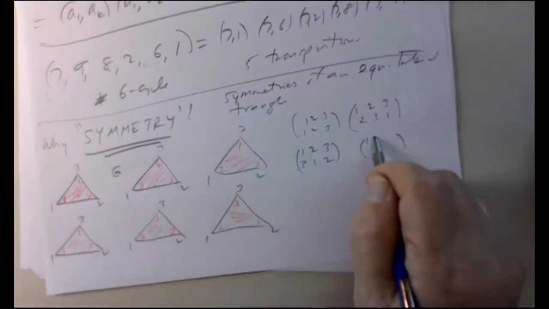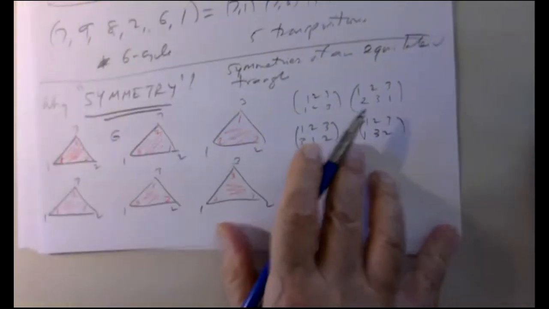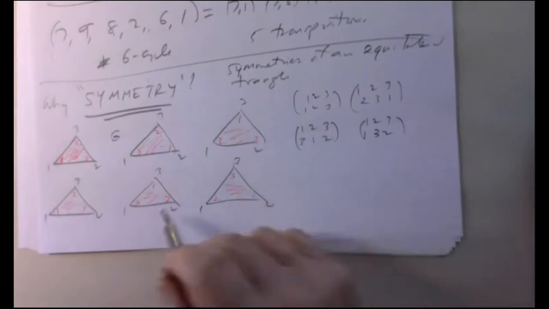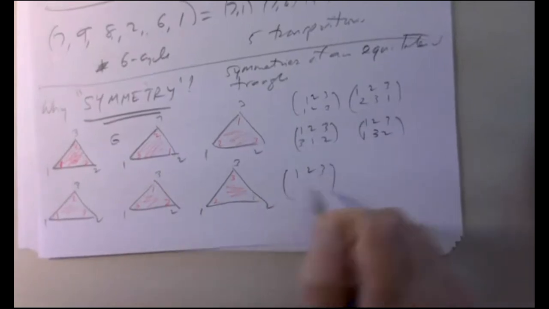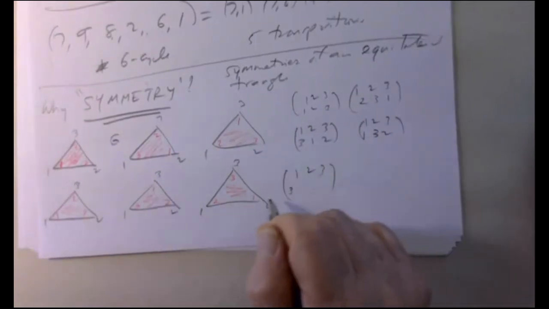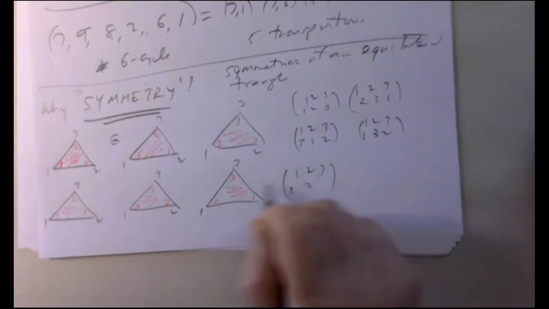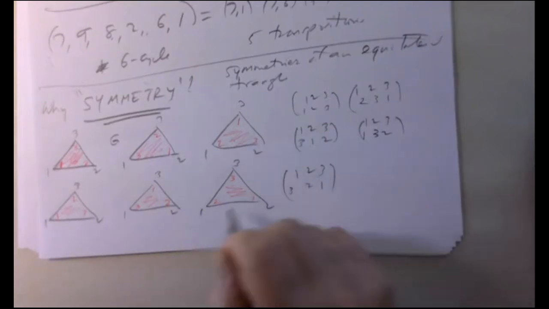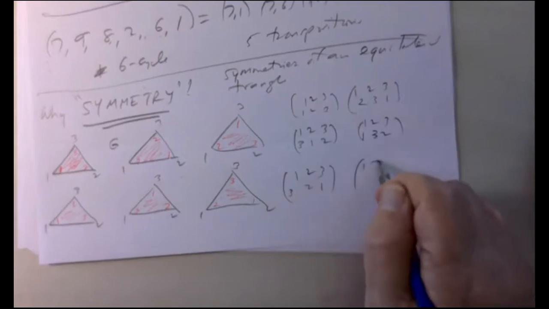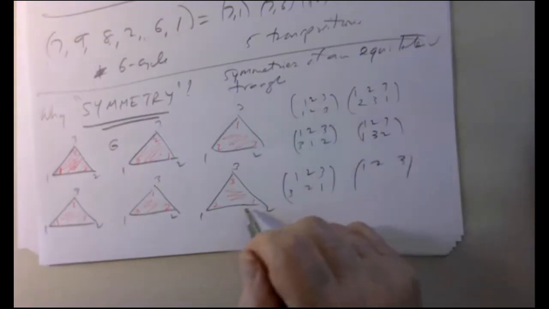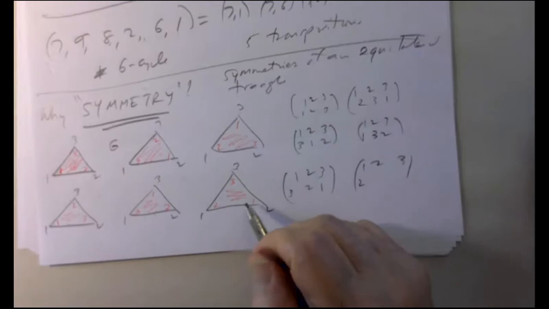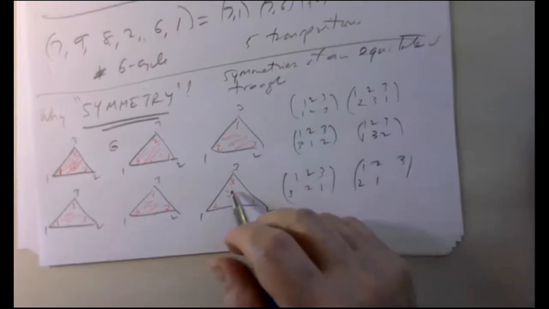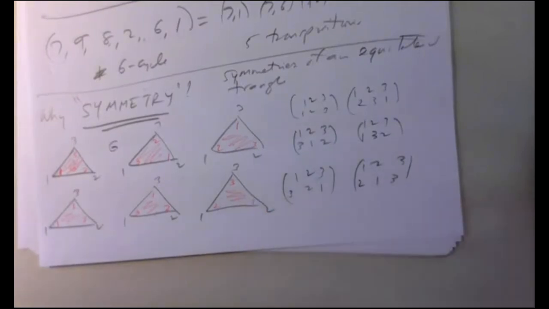In this symmetry, 1 doesn't move, but 2 goes to position 3 and 3 goes to position 2. In this symmetry, 1 gets sent to 3, 2 is fixed, and 3 is sent back to 1. And in this last symmetry, 1 ends up at position 2, 2 ends up at position 1, and 3 hasn't moved.